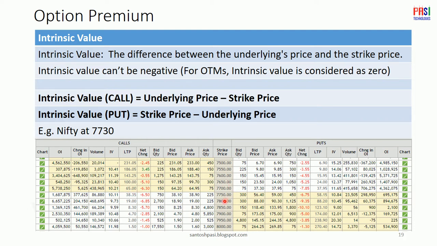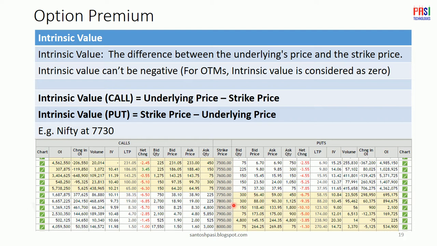But if you consider an out of the money option like 7800, and use the same formula, that would be 7730 minus 7800, so you get a negative answer. So we generally disregard the negative, and in this case everything is time value. So 19 rupees is just time value, there is no intrinsic value.